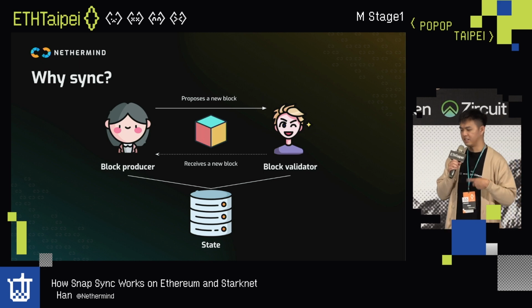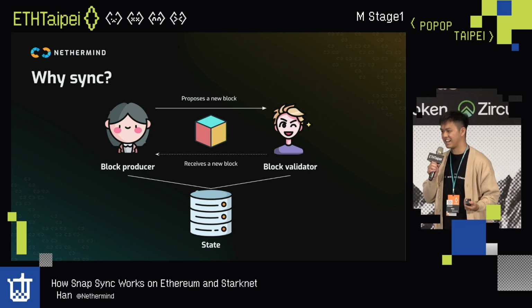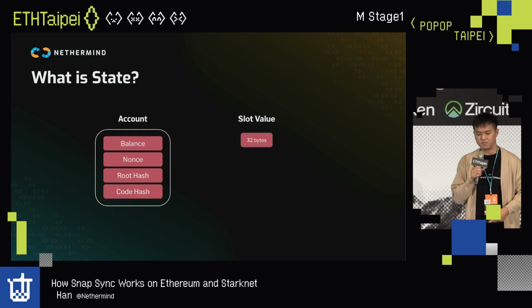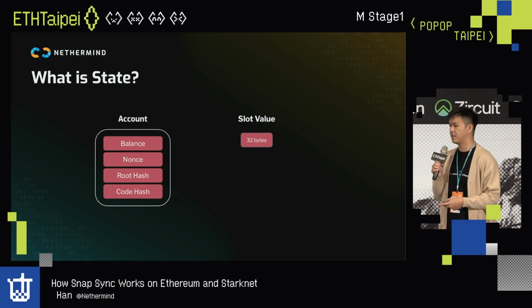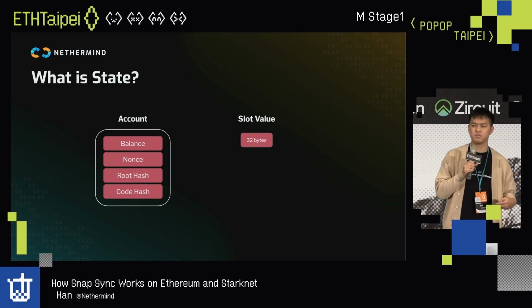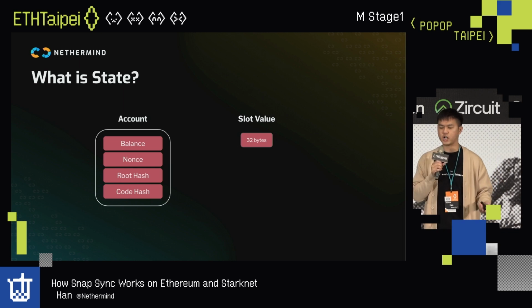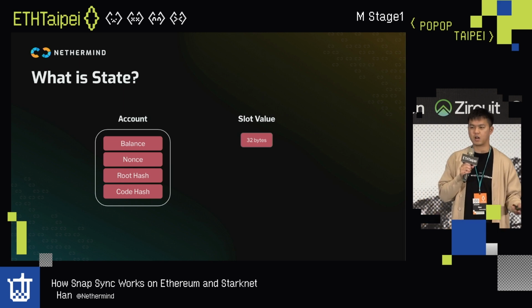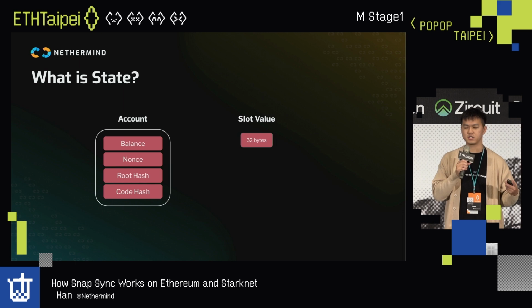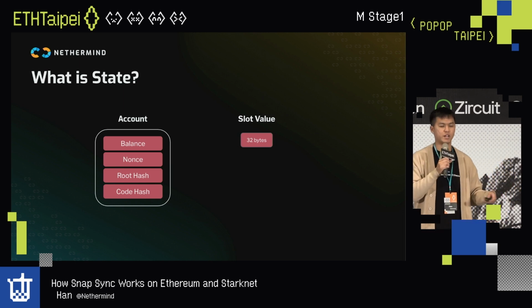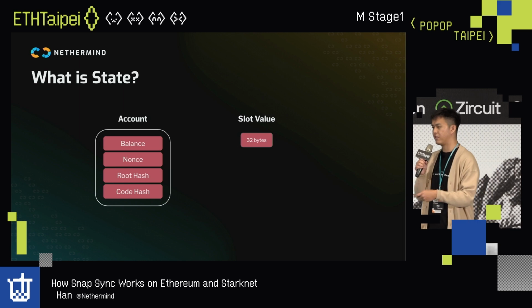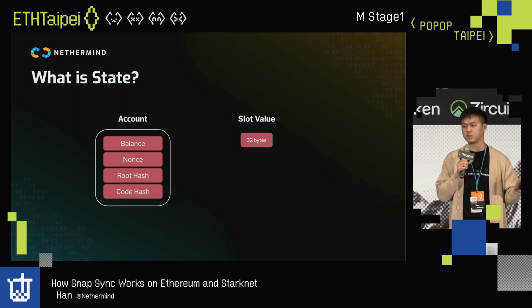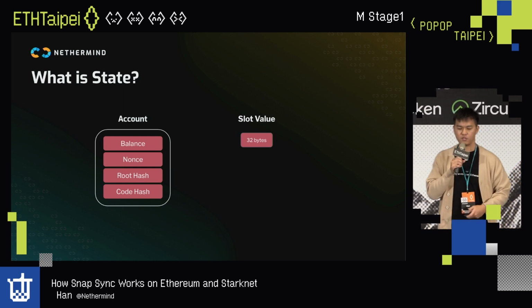Now, again from first principles, what exactly is a state? On Ethereum, the fundamental data objects are these two things: accounts and slot values. An account comes in two types, EOAs and contract accounts. EOAs are externally owned accounts, basically a regular account with just the balance and also nonce. And then you have contracts, and each contract will also have its own slot values. So two fundamental data objects: account and slot value.